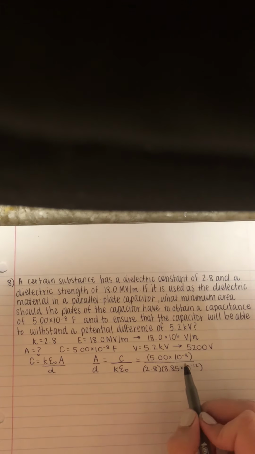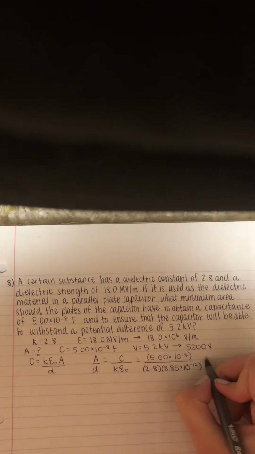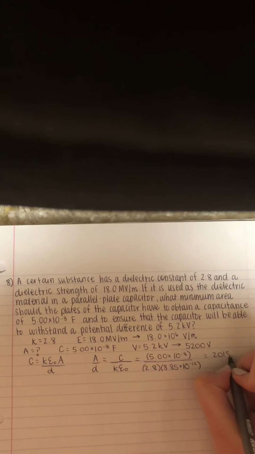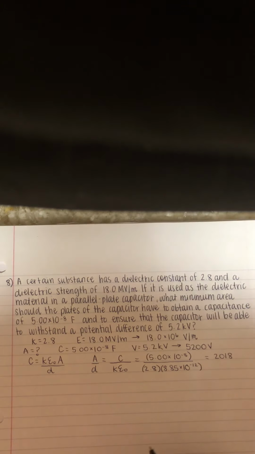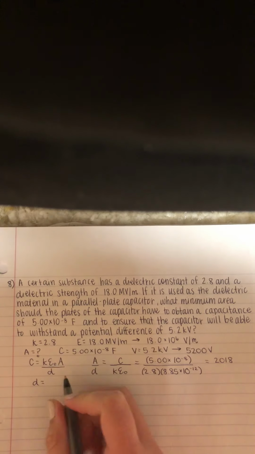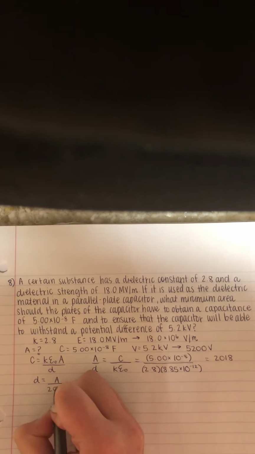And whenever we do this problem, we get that A over D equals 2018. So now we can solve for D. So D equals A over 2018.